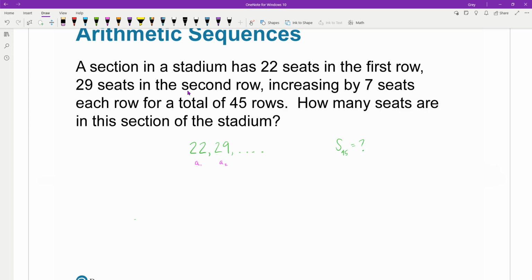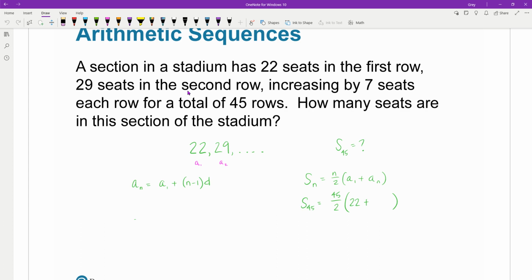So my formula, n over 2 times a sub 1 plus a sub n, or the first and the last term. So S sub 45 is going to be 45 over 2. The first term is 22, but I've got to go figure out the last term. So I'm going to go back to my general formula.